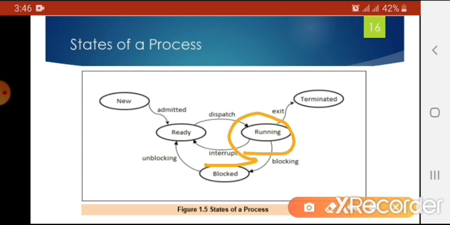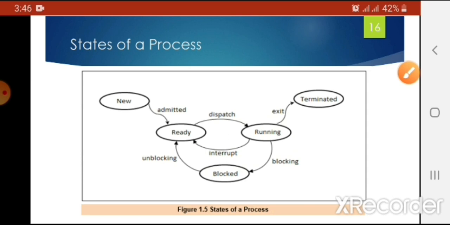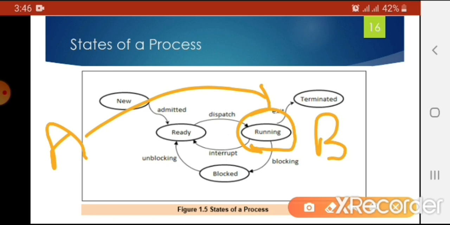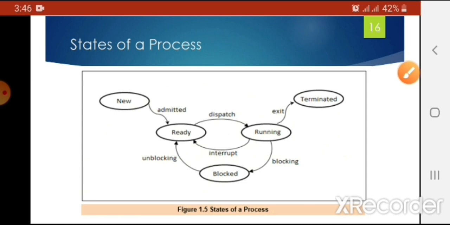So it means an interrupt is generated either by the hardware or by the software for some high priority task. If we have a normal priority task, say task B, in the running state, and some higher priority task, say task A, arrives, then task A will tell the processor to leave task B. Task B will be interrupted and move to the ready state, and the processor will be assigned to task A. So an interrupt is a signal that can be emitted either by the hardware or by the software.